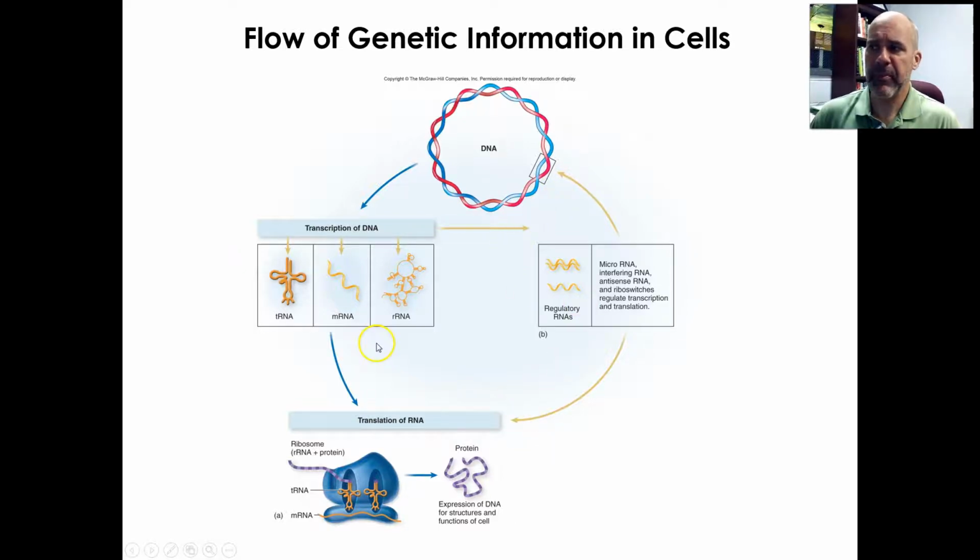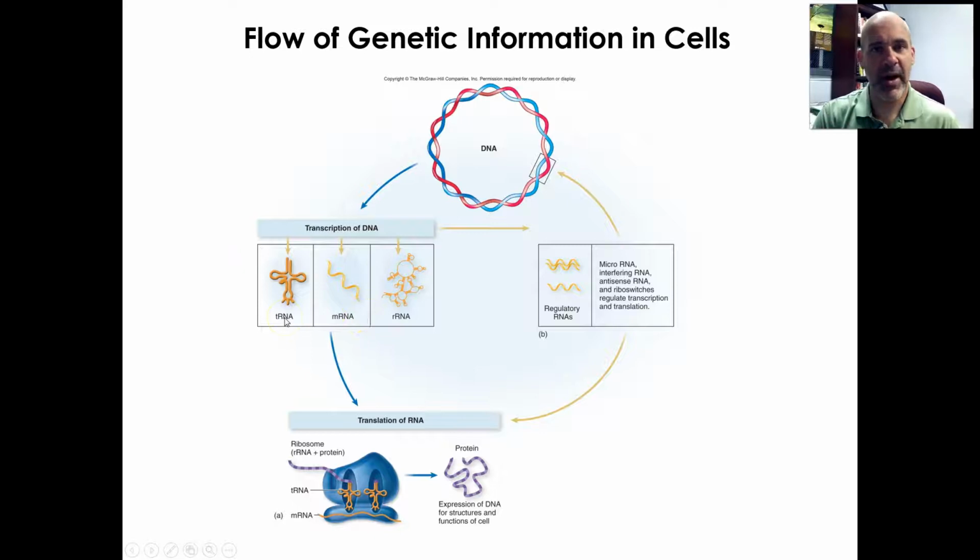All right, so we have an intermediate in between DNA and protein down here. There are intermediate molecules that are called RNA. There's more than one type of RNA in a cell, but RNA molecules are copies of a DNA strand.